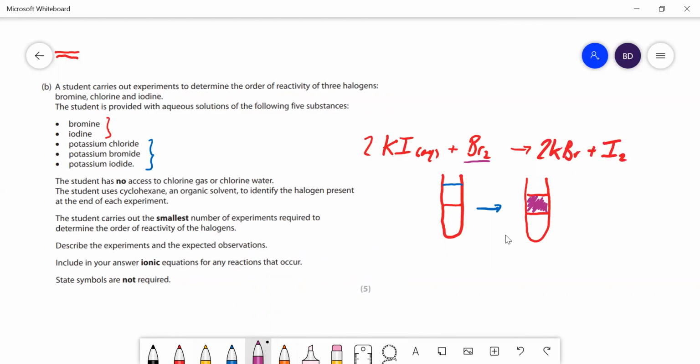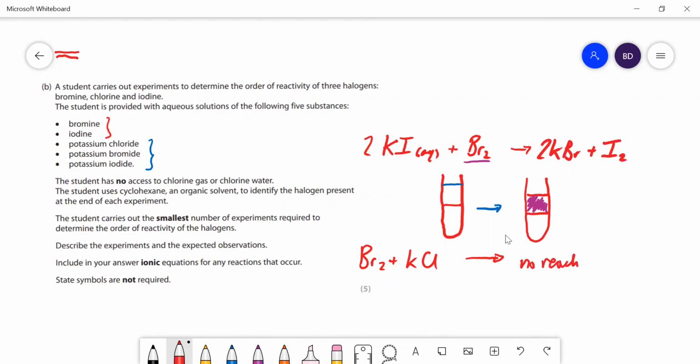Right, now let's try and prove that bromine is less reactive than chlorine. So let's mix up Br2 with KCl, and no displacement reaction occurs there because bromine can't take the electrons off the chloride ions, no reaction.